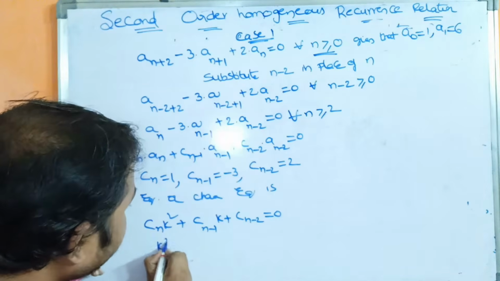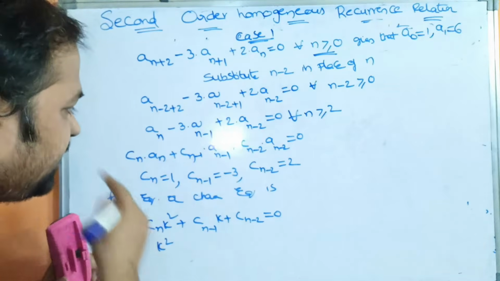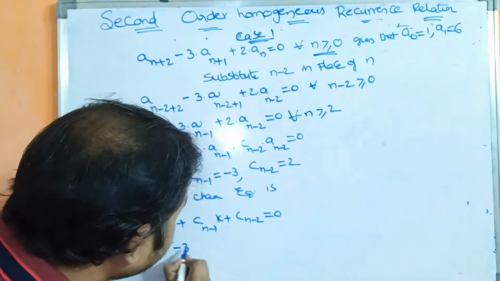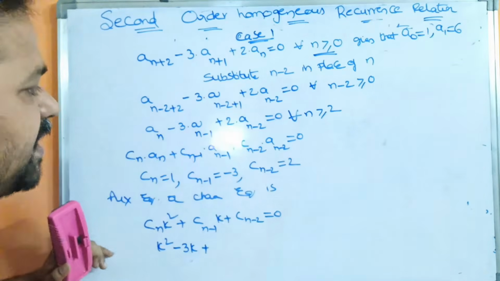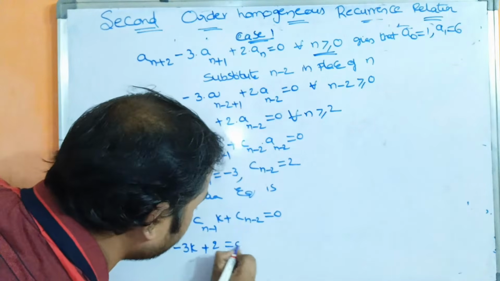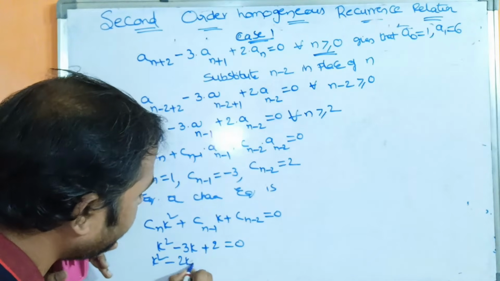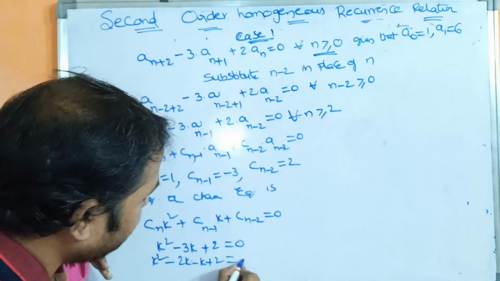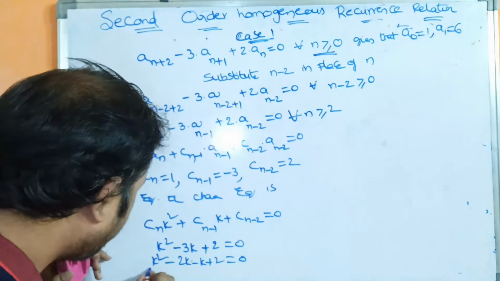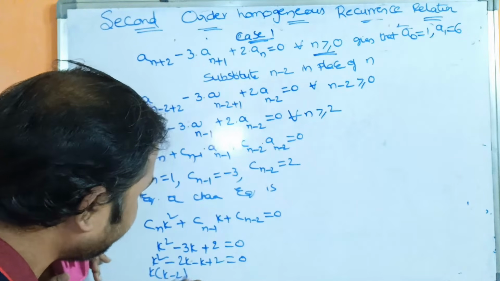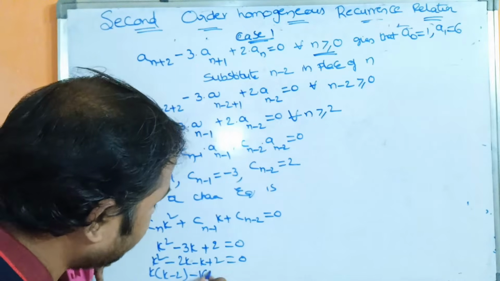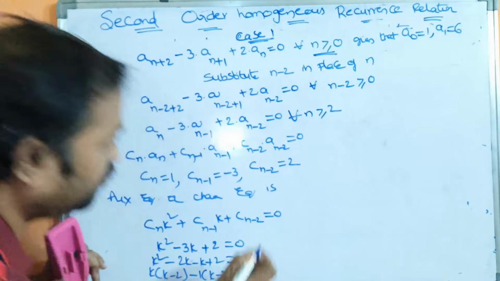So 1 into k square means k square. C_(n-1) means minus 3k, plus C_(n-2) is 2, is equal to 0. So this can be written as k square minus 2k minus k plus 2 is equal to 0. So we can take common k: k into (k minus 2) minus 1 (k minus 2) is equal to 0.